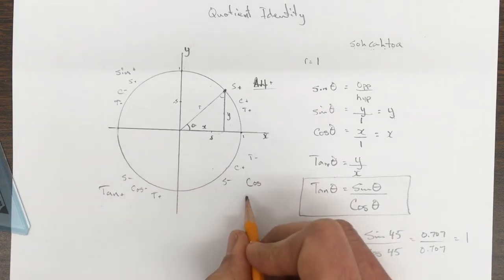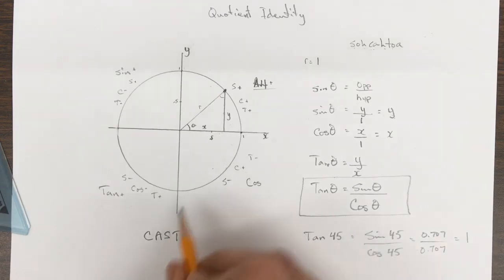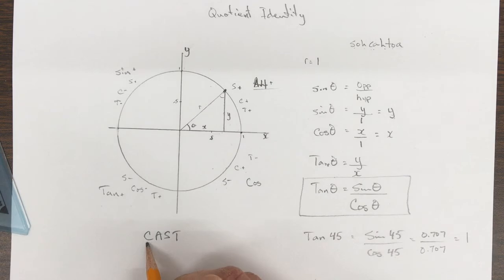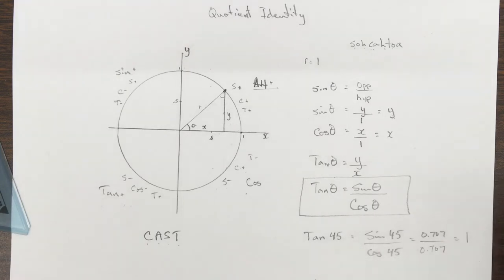So we use what's called CAST, C-A-S-T, to remember which quadrant the values are positive. Cos, all, sine, tan. And that's it for now.